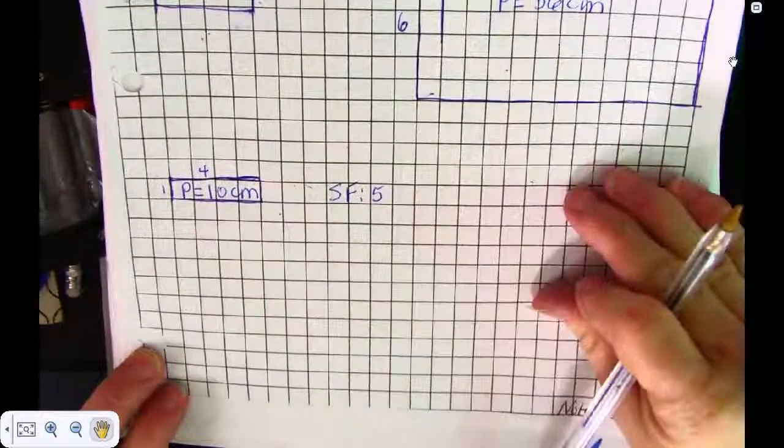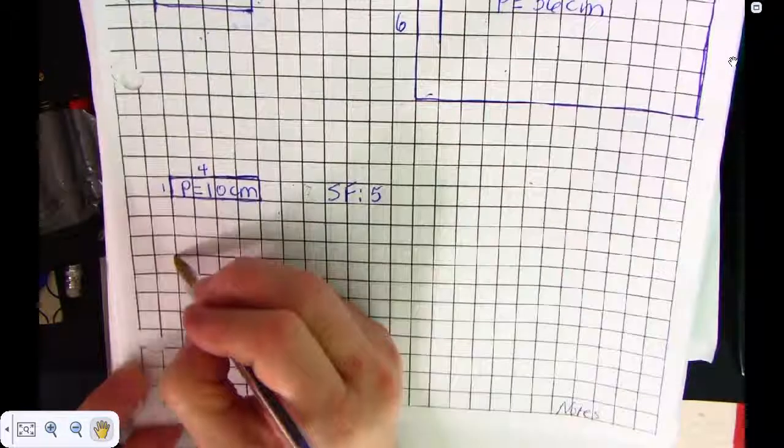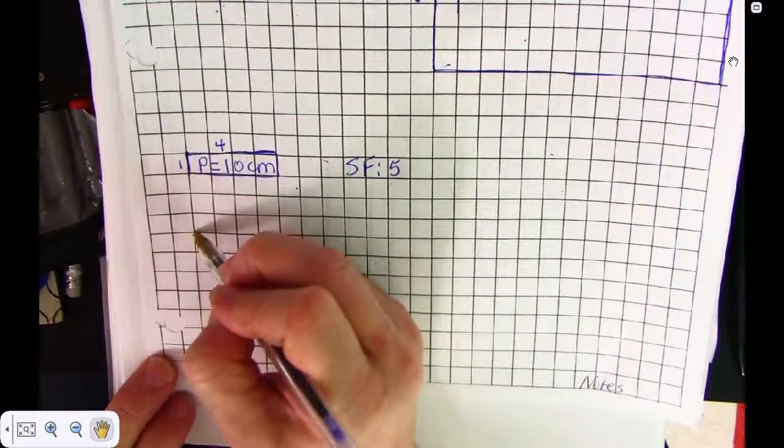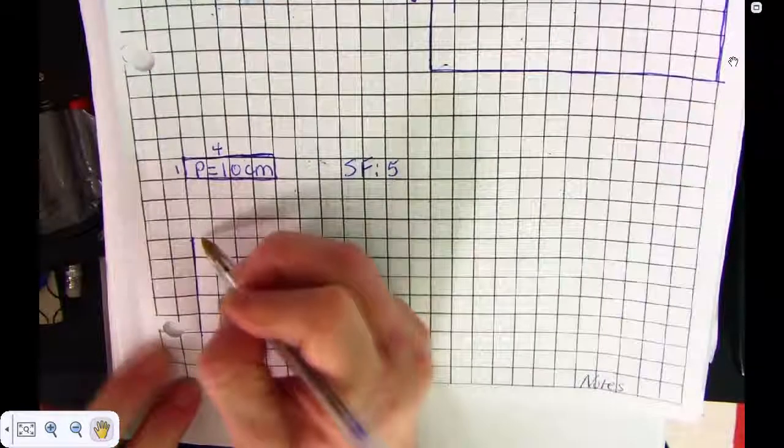We don't have room to draw it over here, so we're going to come down below, skip about 3 squares, and we're going to draw it, and what are the dimensions going to be? 5 by 20.